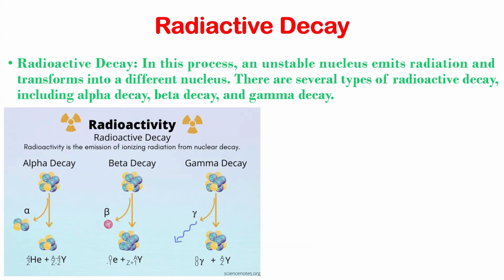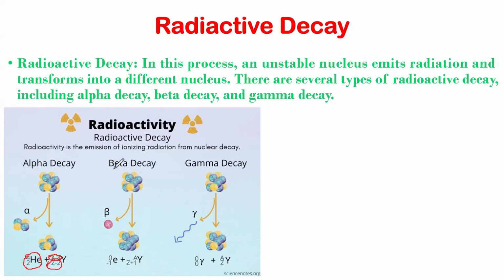And that is why here we have A minus 4. It means that the mass number is reduced by 4. And we have Z minus 2, meaning that the atomic number will be decreased by 2 because the helium nucleus here is an alpha particle that was actually emitted during the decay.